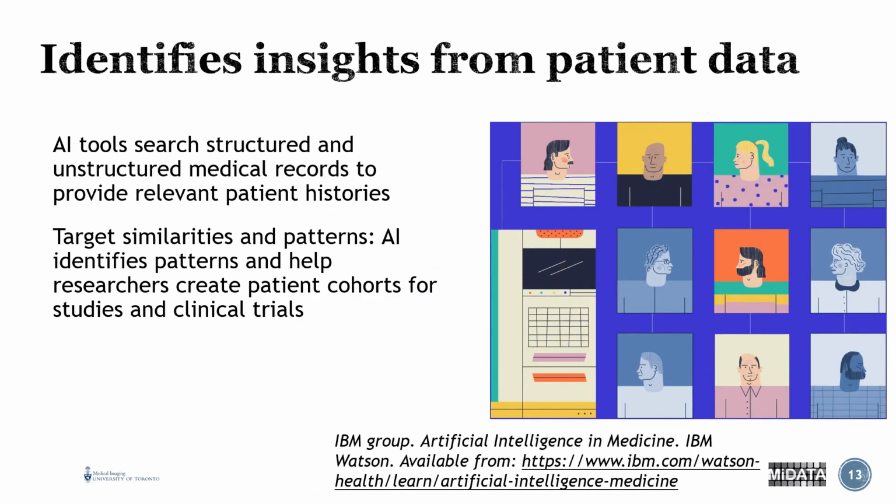Let's go back to the IBM Watson style AI tool where it can search structured and unstructured medical records to provide relevant patient histories, for instance. The other use to this is to target similarities and patterns within the patient records, where it can then help researchers create patient cohorts, for instance, for a study or clinical trial that they're performing.